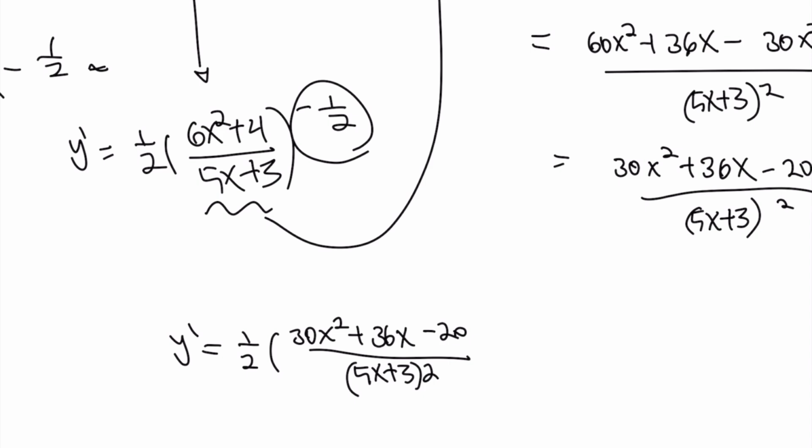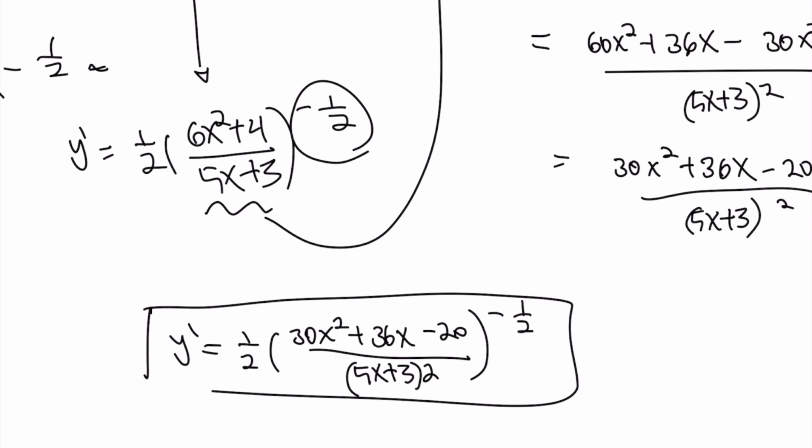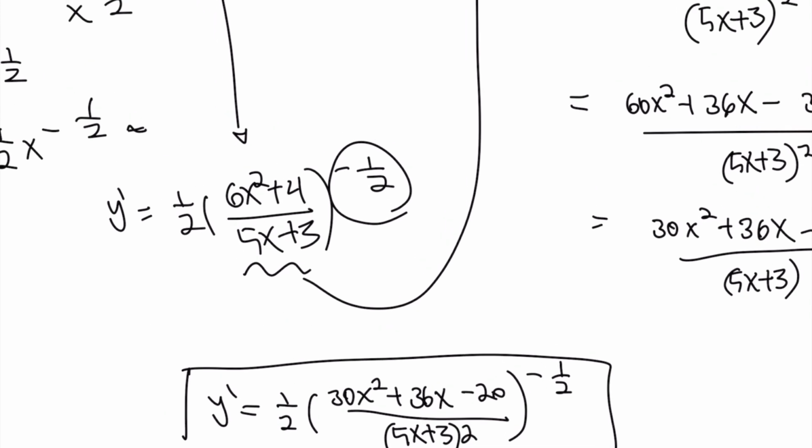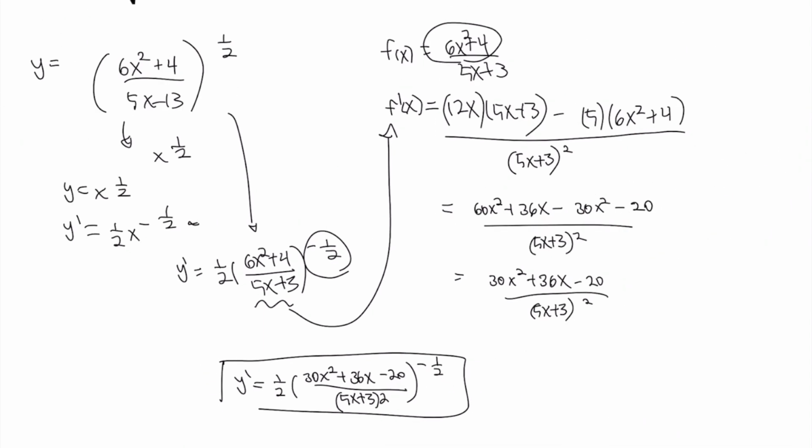And then, yeah, just a negative 1/2. Each teacher has different rules for negative exponents and notations. Make sure to ask your teacher for what they prefer so that you know how to put your answer in the right format on tests and exams.